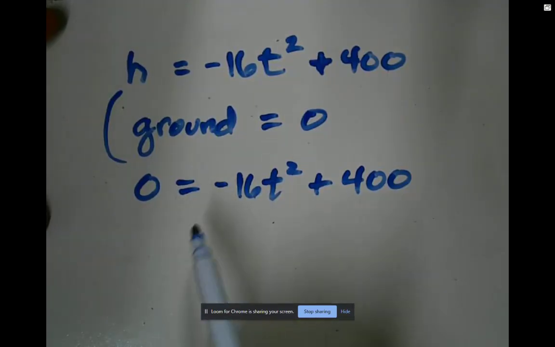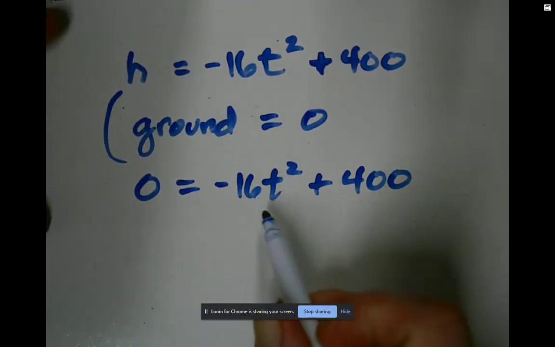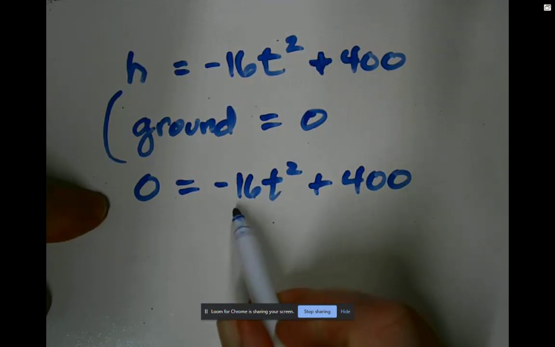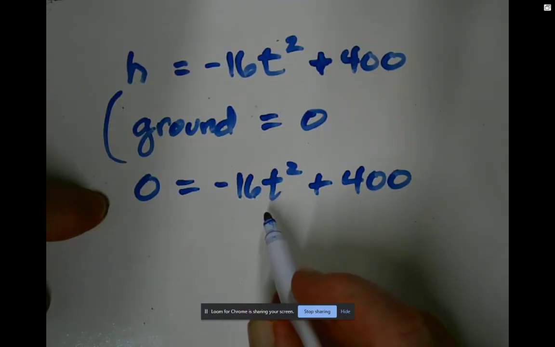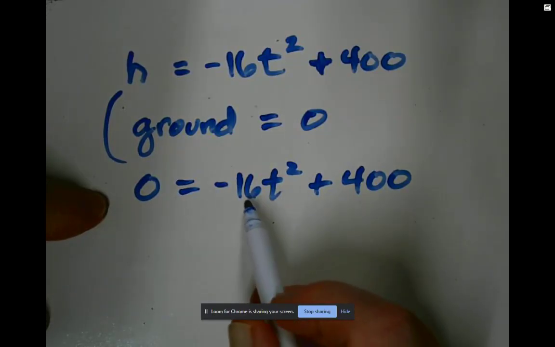So this, right, I can't do anything with this yet because it's a quadratic, but it's not in standard form because it starts with a negative.